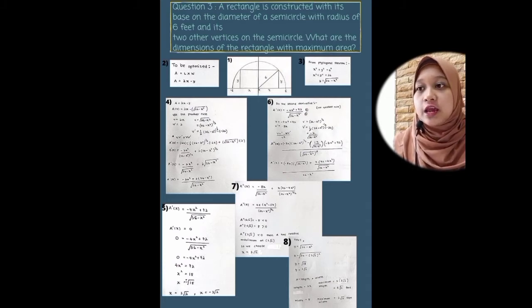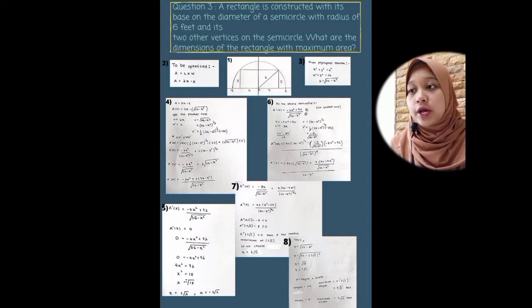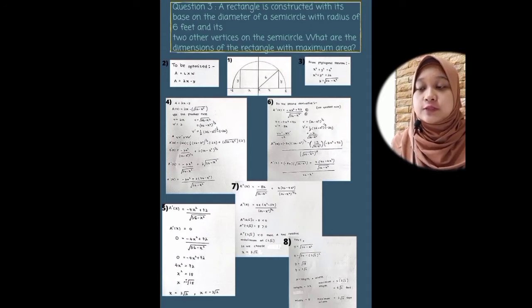So as we know, the area of the rectangle is L times W, and we get 2x times y. It is 2x because at the base, at the negative side and the positive side, we get x plus x, which is 2x.